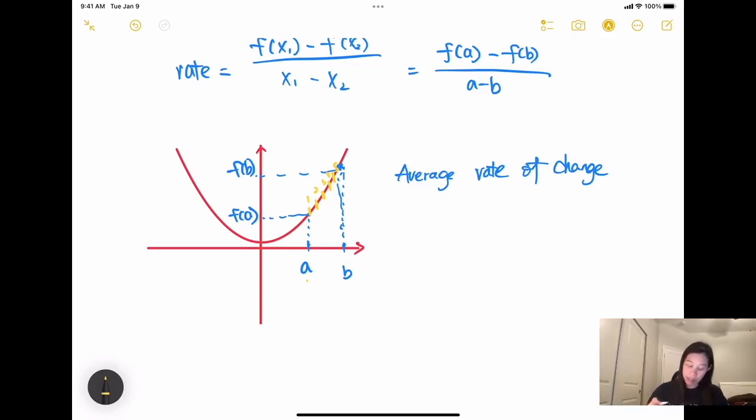To make it easier, we just connect these 2 points with a straight line and find the slope.